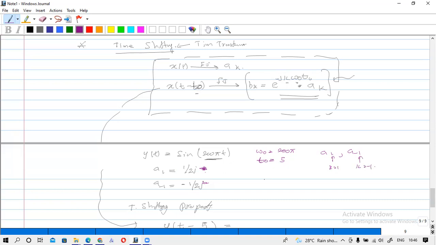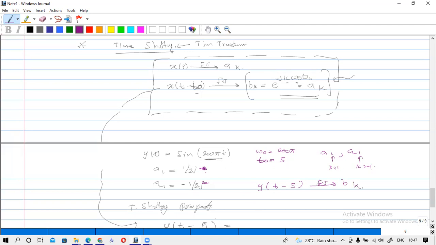Now I am going to write the coefficients for this signal y(t - 5). Let's say if I get the Fourier series, the coefficients are bk.